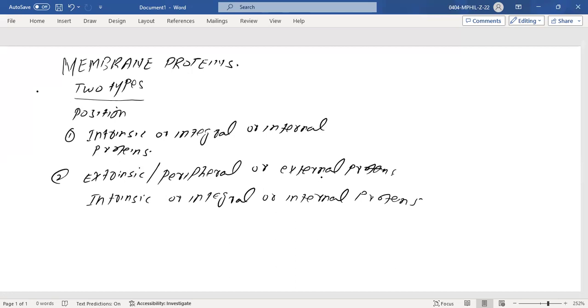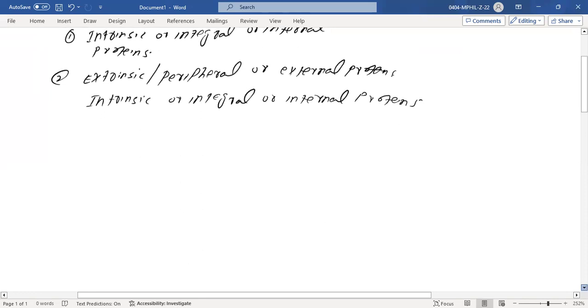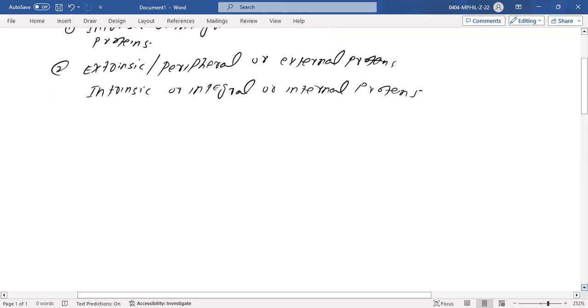Anyway, so let's talk about the first thing, that is intrinsic or integral or internal proteins. You can draw a comparison, like you can draw a line here, and then you can easily differentiate both of these types of proteins.